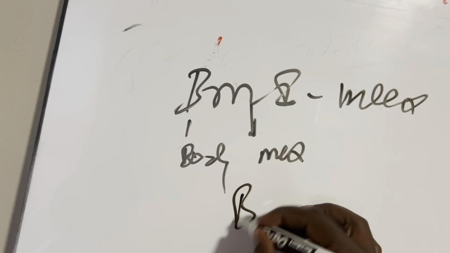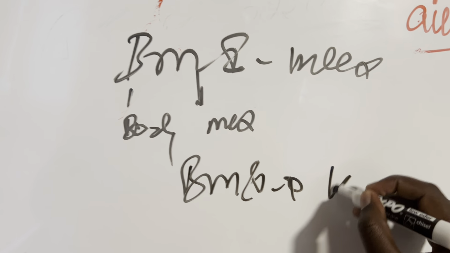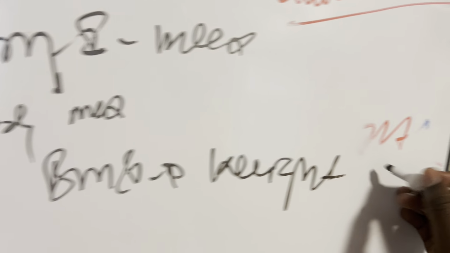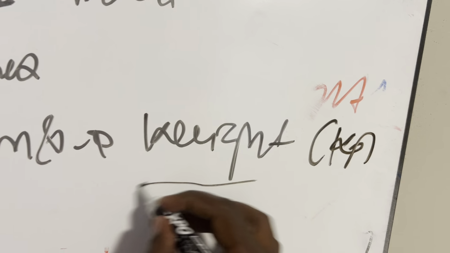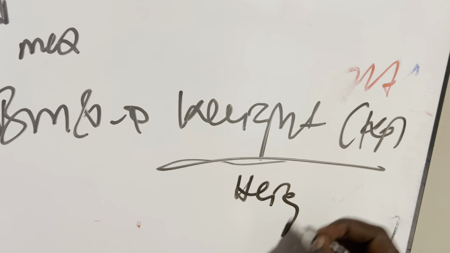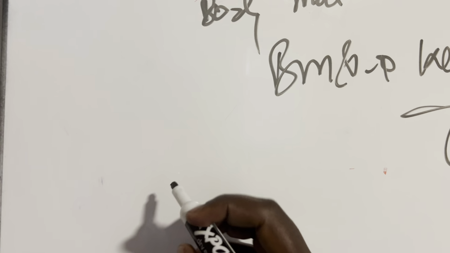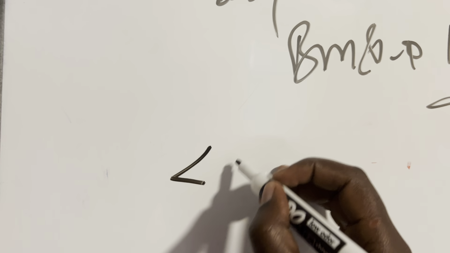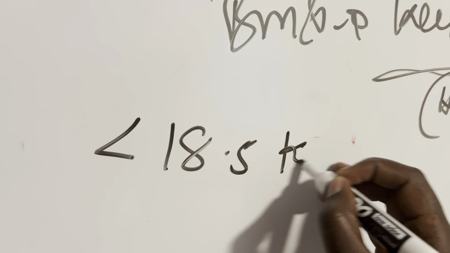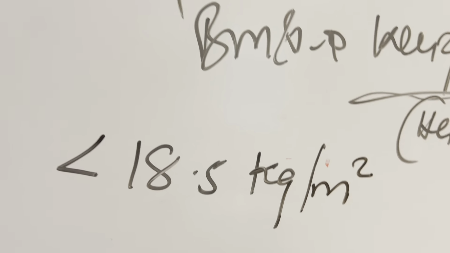So how do you calculate BMI? BMI is equal to weight in kg over height squared, with height in meters, so the unit is kg per meter squared.